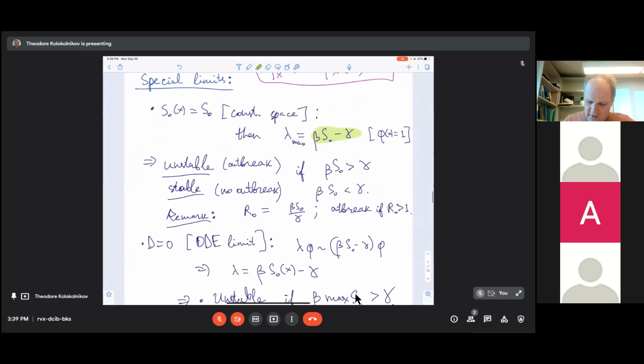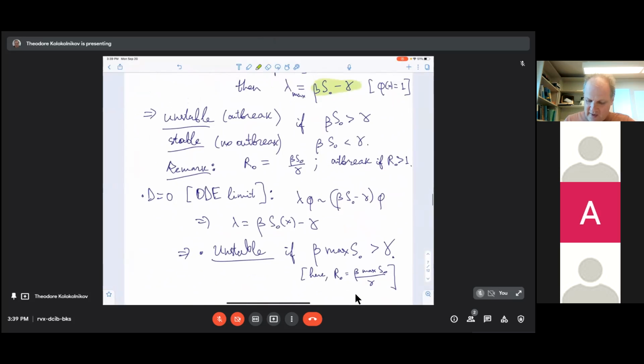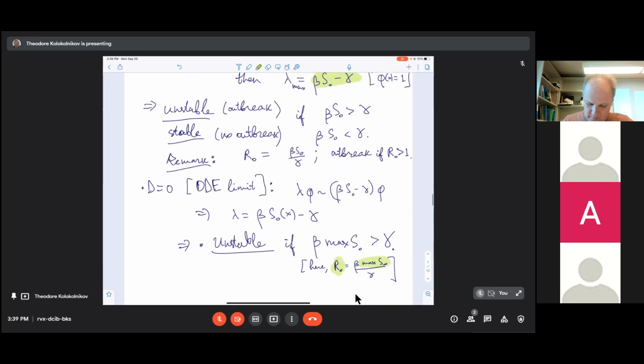So in other words, you look at the maximum of S0. That gives you the notion of the reproduction number R0. For inhomogeneous space, you would have beta times the maximum of S0 divided by gamma.